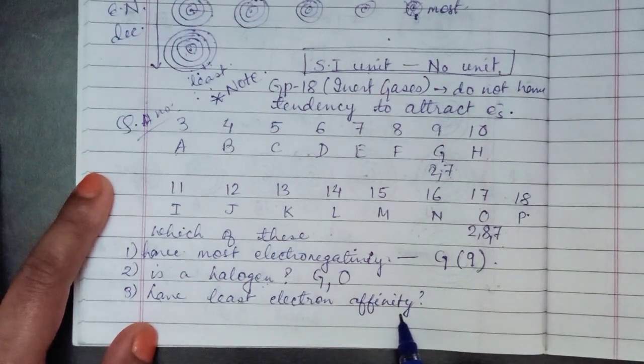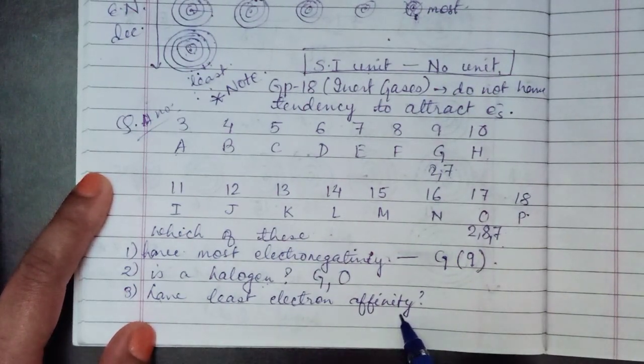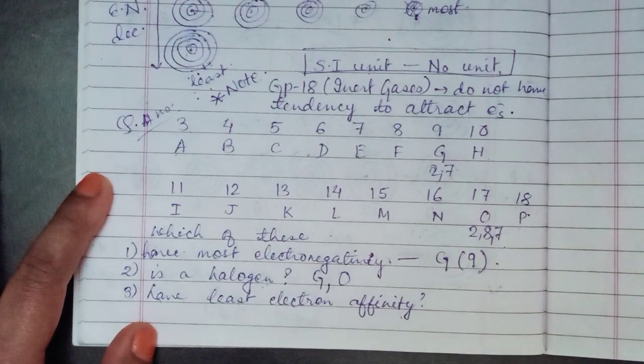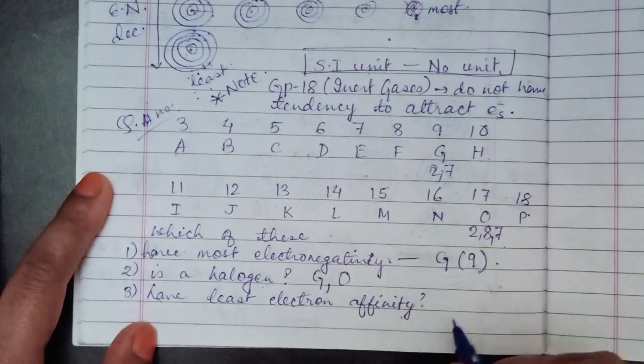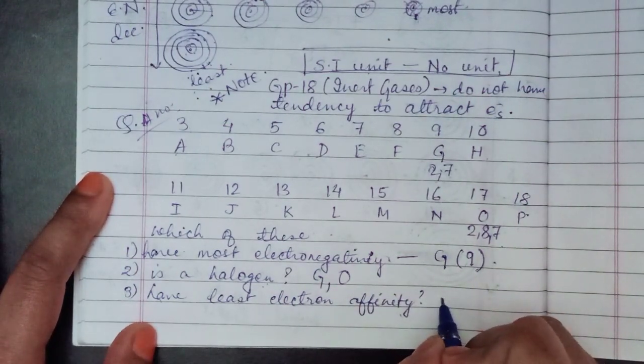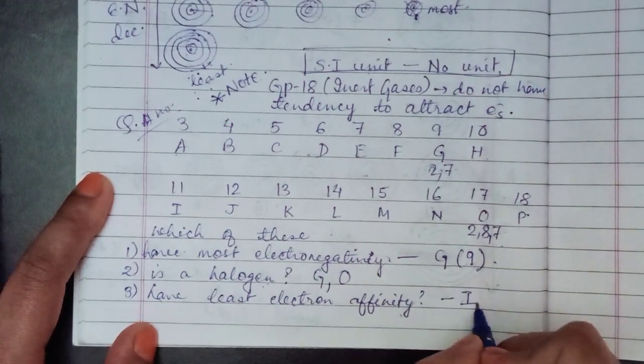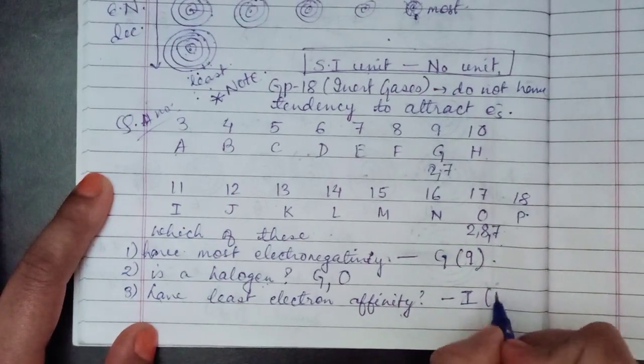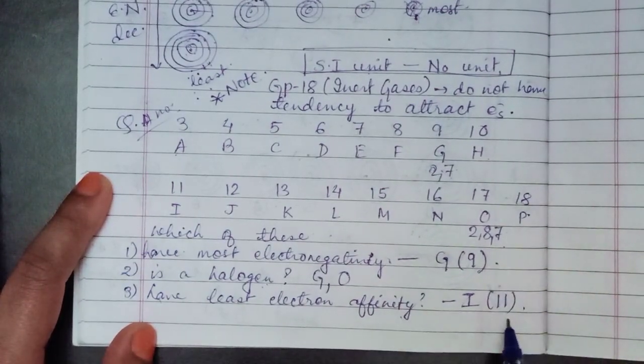Now, which has least electron affinity? Electron affinity means the tendency to gain electron, and after gaining electron energy is released. So here it will be option I. Atomic number for I is 11. Why I?